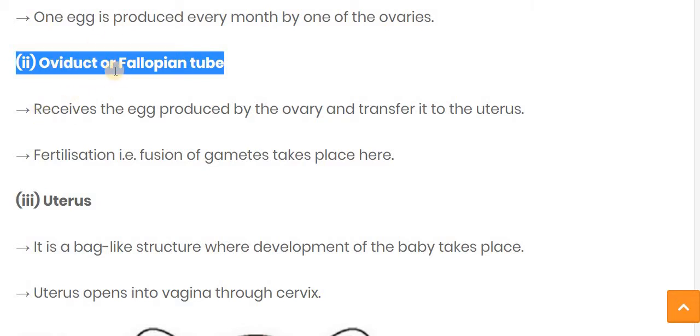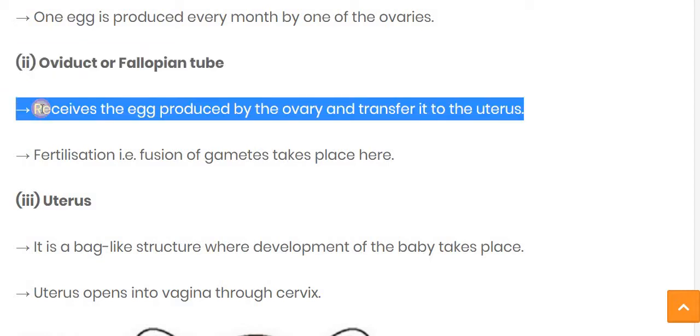The oviduct and the fallopian tube are synonyms. The function of the fallopian tube is to receive the egg produced by the ovary, as we saw that the ovary produces the ova, or egg, and to transfer it to the uterus.